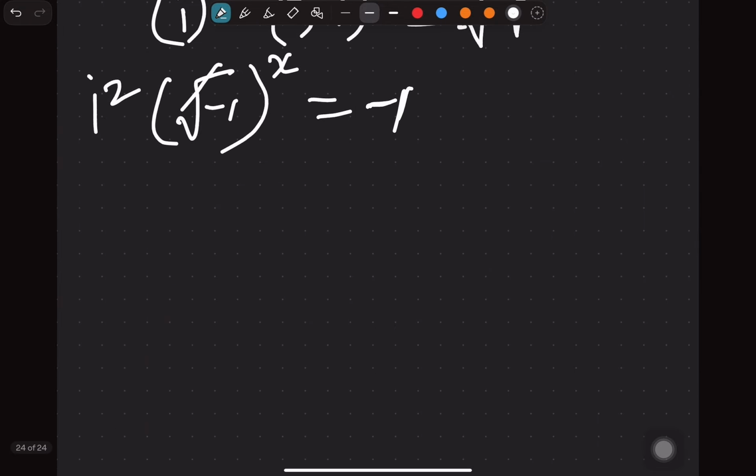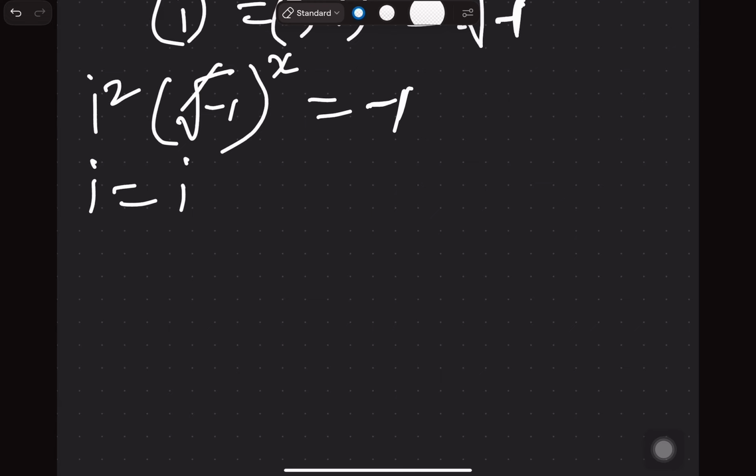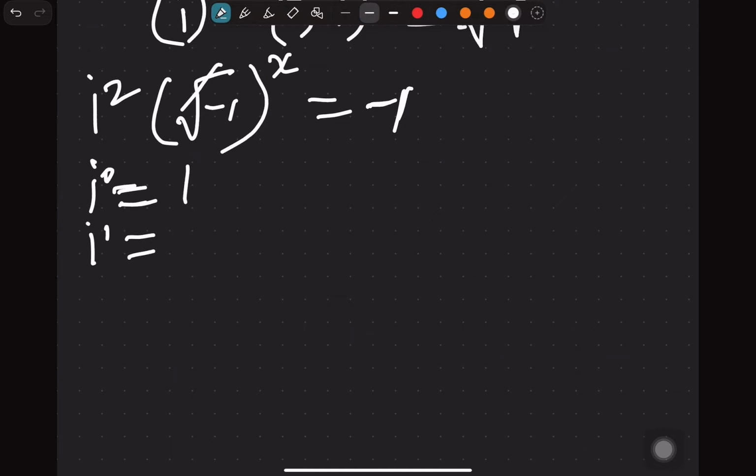So we'll build a pattern. Let's start. i to the power 0 is 1. Then i to the power 1 is i. i to the power 2 is -1, as we've just seen.